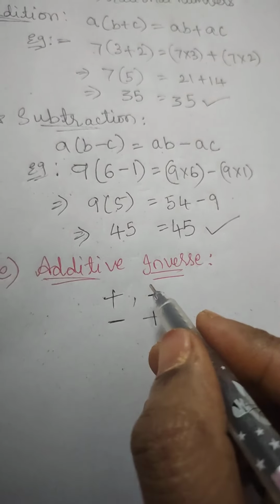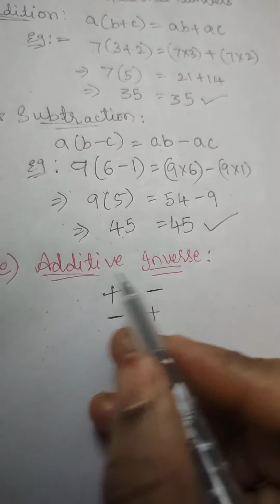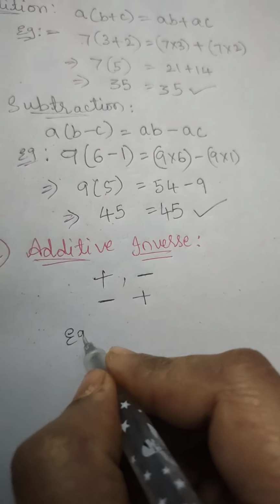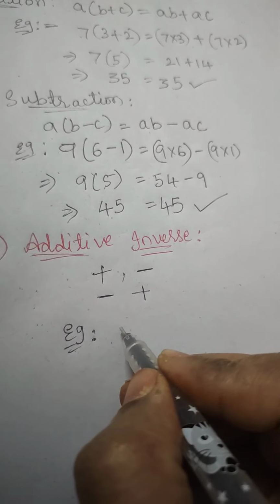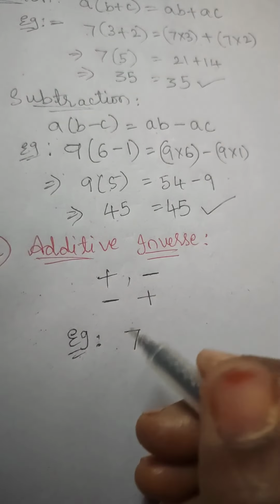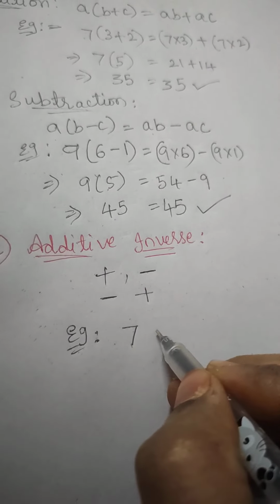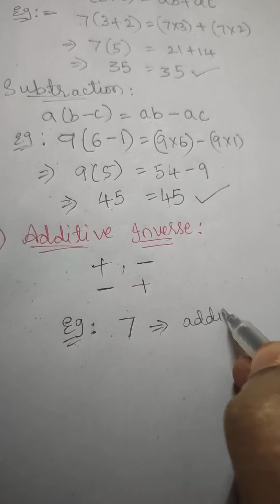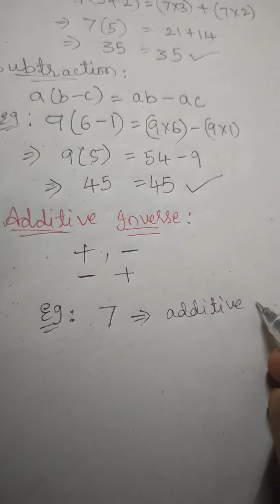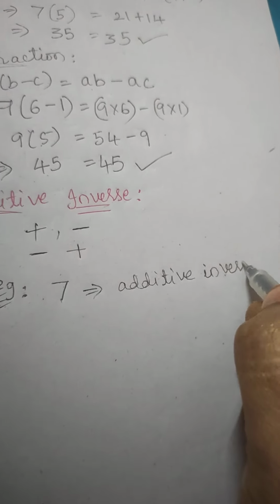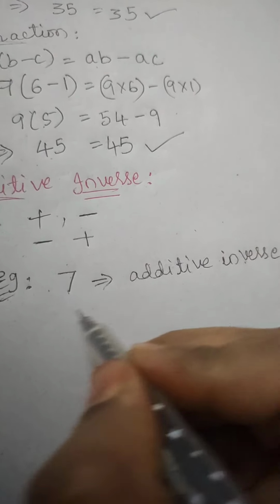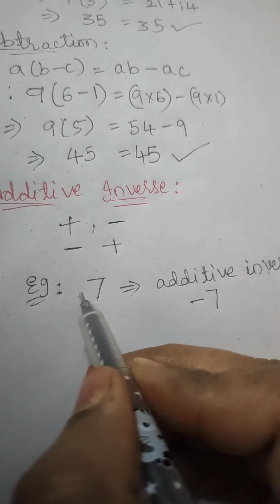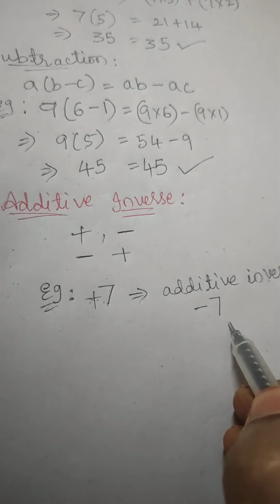For rational numbers, for example, I am having a number 7. The additive inverse of 7 will be minus 7. This is a positive value, its additive inverse will be a negative value.